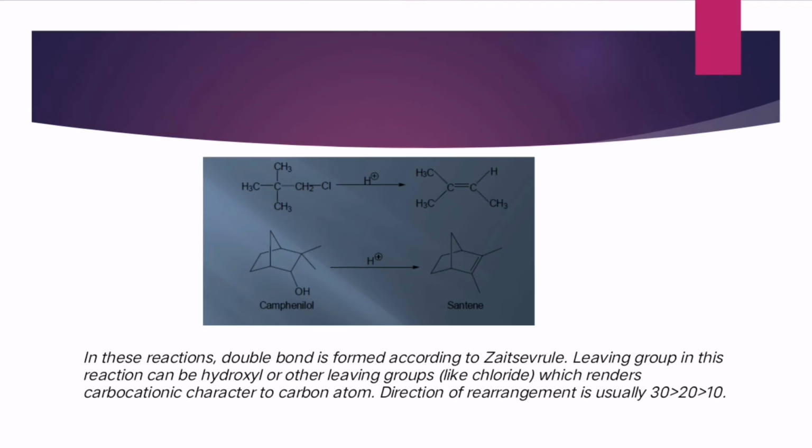Then a methyl group is going to migrate from this tertiary carbon to this primary carbon, and it is going to form a tertiary carbocation. After the formation of the tertiary carbocation, that carbon is going to lose a proton and form the olefinic bond. Similarly, camphenyl is going to make the product in a similar way.